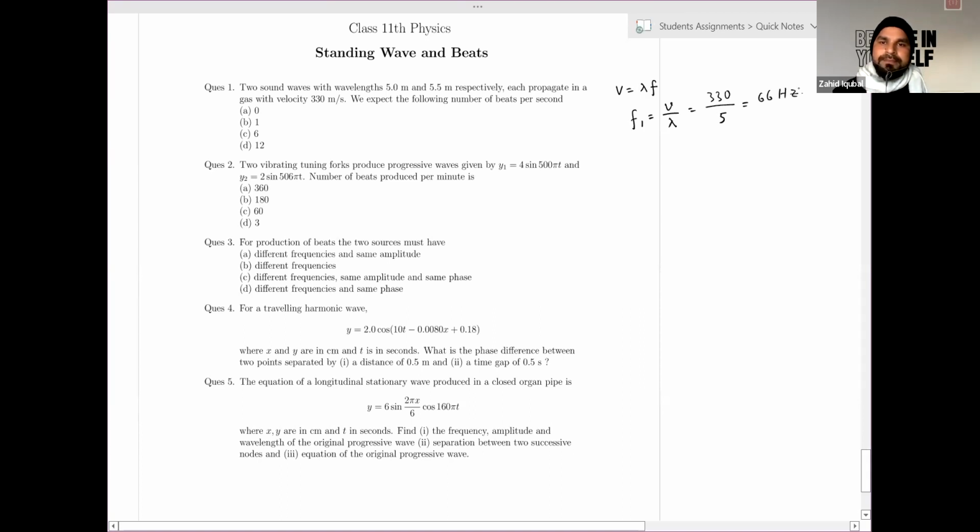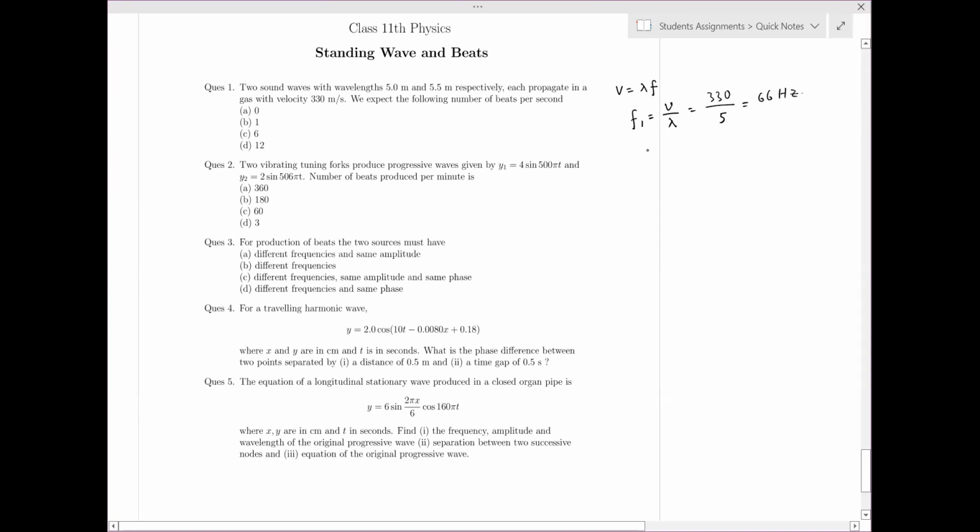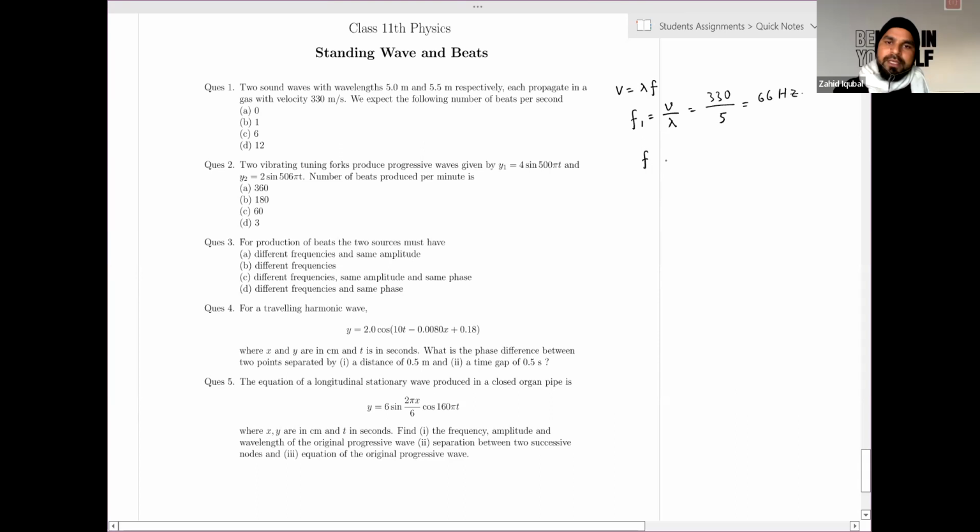Is it clear? Yes, sir. Similarly, in the second part, we have 330 divided by wavelength 5.5. So 11 into 3 and 11 into 5, so it will be 60.